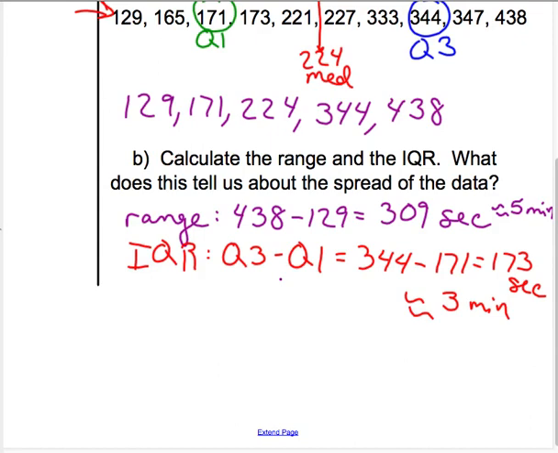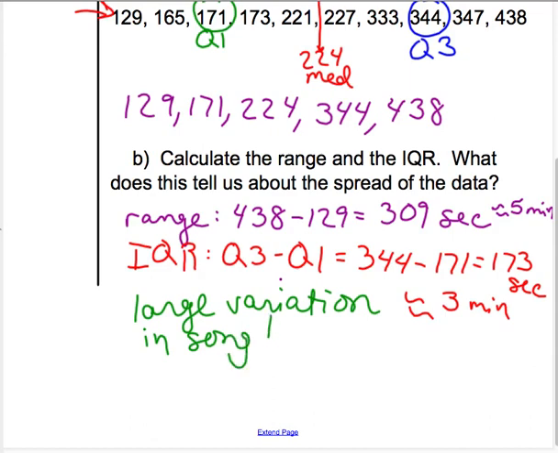When you look at the original data from 129 seconds, which is about 2 minutes, to 438 seconds, which is about 7 minutes, that's a huge difference in the song lengths. So large variation, remember variation means change in song lengths for the data set.